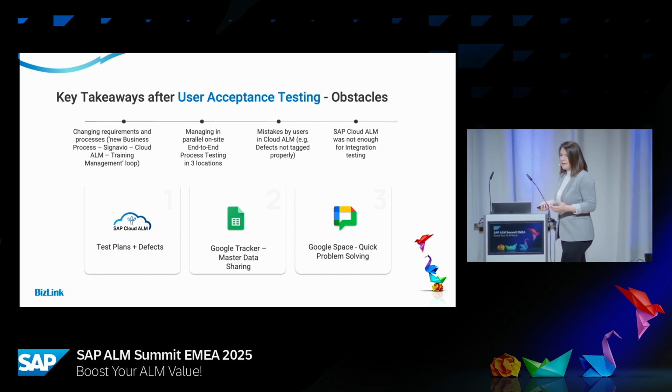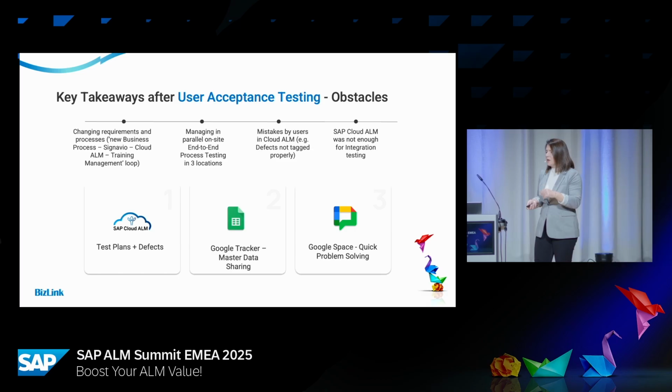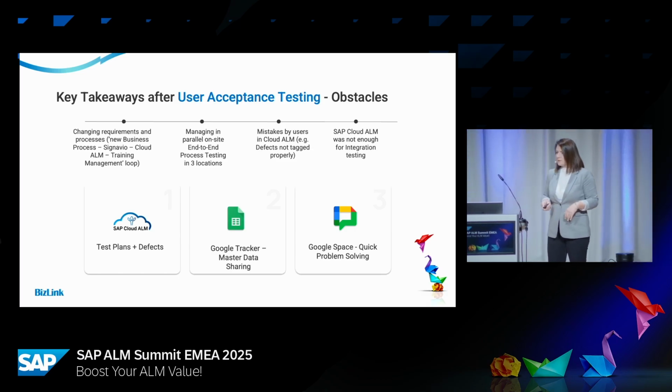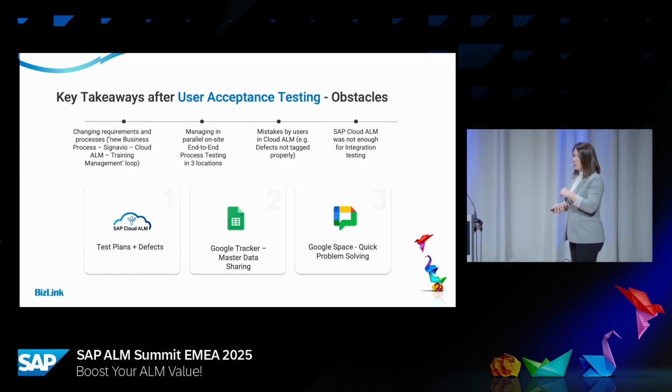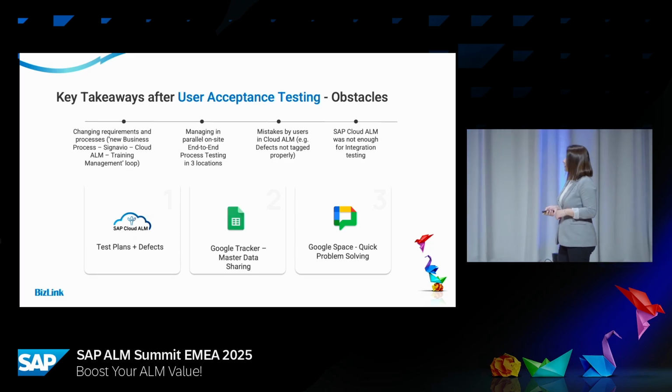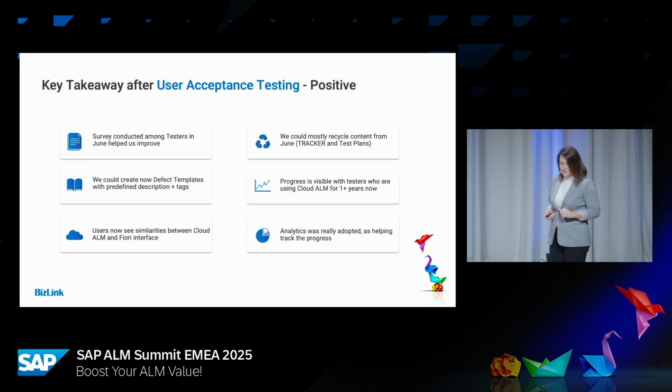So they could quickly solve something, or the consultant goes back and says to the user, yeah, please write a defect, because this will take me some time to solve. I cannot solve it that quickly, so we want to have it traceable in Cloud ALM. And we go back to defect. So these were the obstacles that we faced.